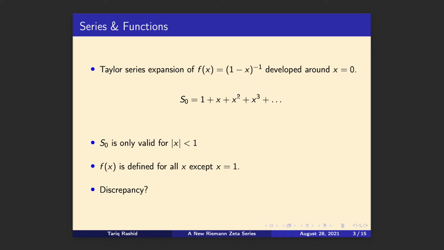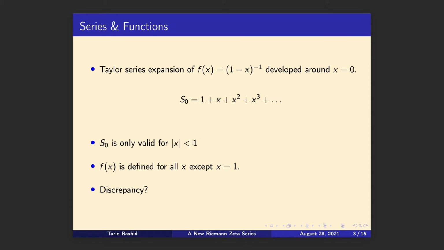So, wait a second. This power series, this Taylor series, is valid for this domain, and yet the function is valid for all x, except maybe x equals 1, where it becomes a singularity, becomes infinite: 1 minus 1 is 0, and 1 over 0 is undefined or infinite.